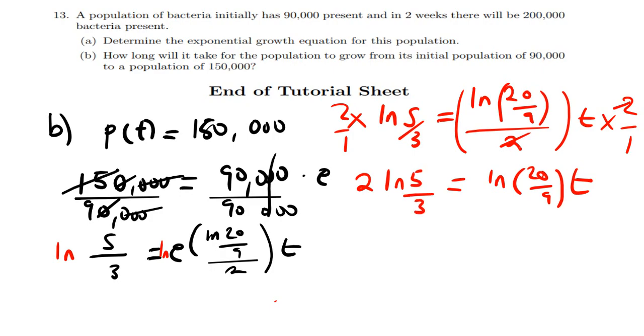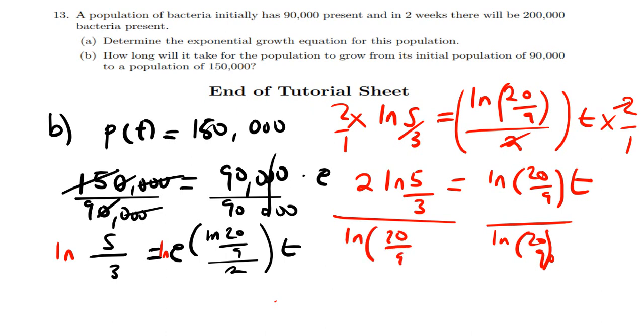Now that I've got this, I can divide by natural log of 20 over 9 on both sides, so this can cancel. Therefore our t is equal to 2 natural log of 5 over 3 divided by natural log of 20 over 9.